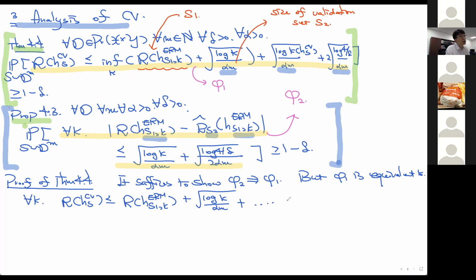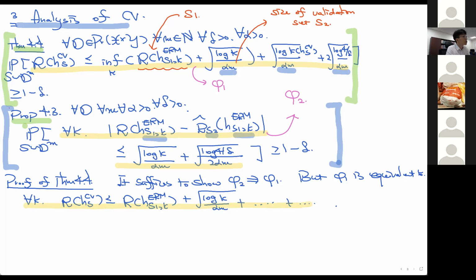So the other two terms that you see in the statement. We just move the infimums to the outside as a universal quantification. So V1 is equivalent to this. So what we have to prove is that we just need to show V2 implies the new statement that we just obtained here.